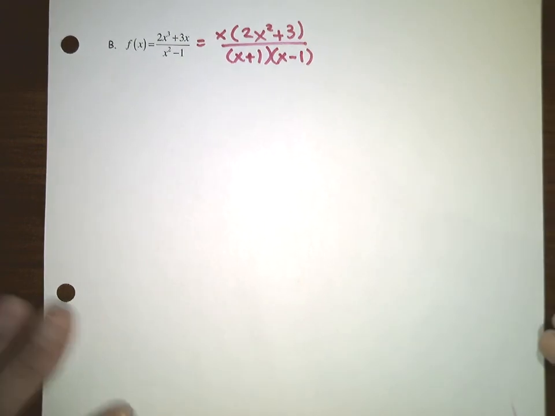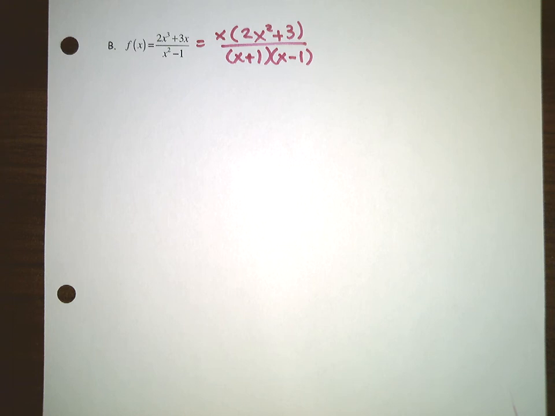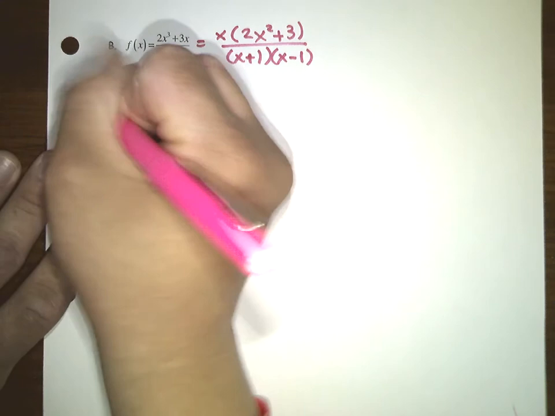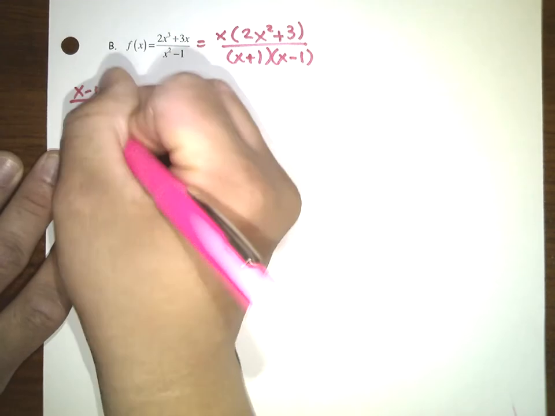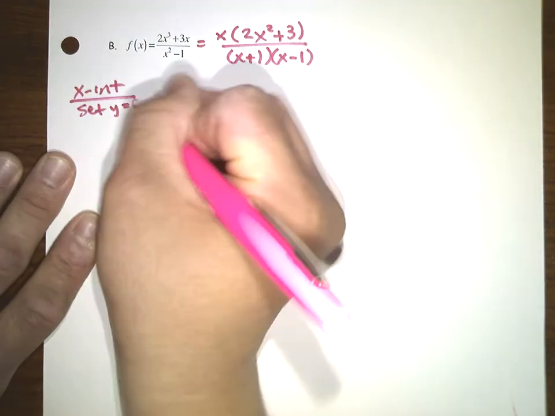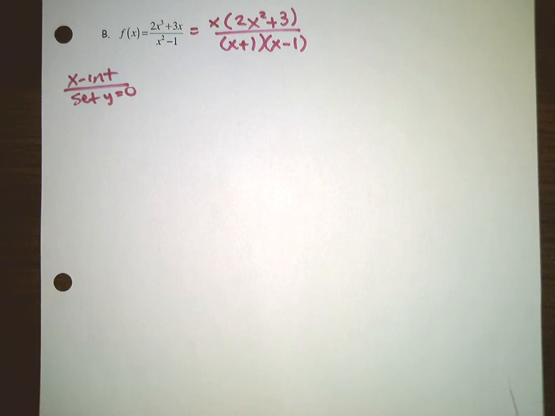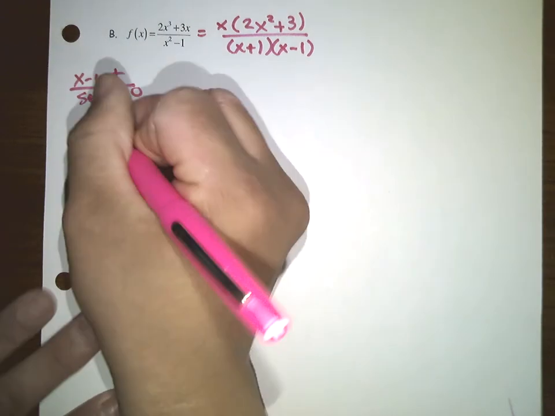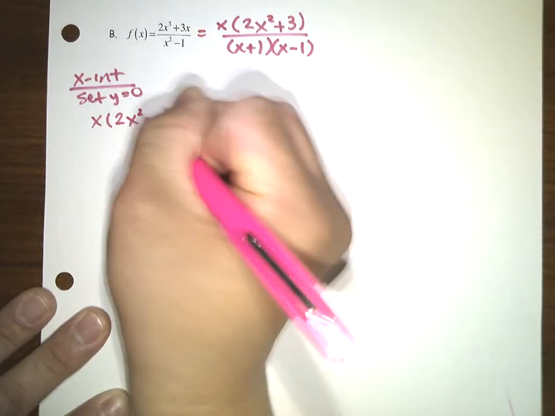All right, so now the next step was to find the x and the y-intercepts. So let's find the x-intercepts. So we're going to set y equal to 0, so the numerator equal to 0. So x times 2x squared plus 3, set that equal to 0.